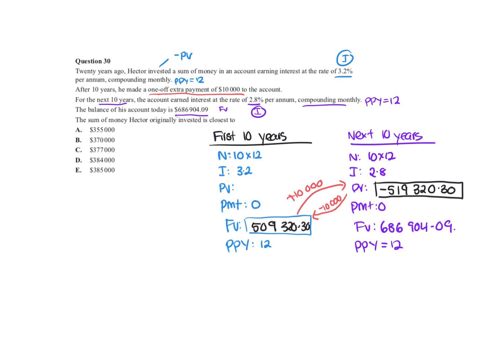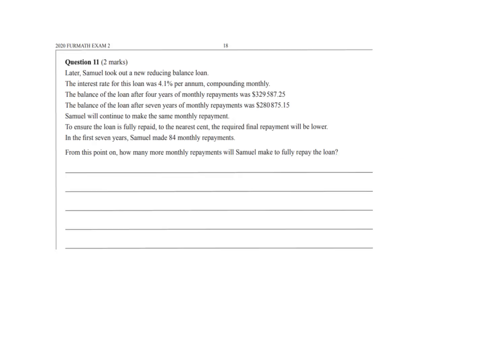Now I've got that, I can finally go backwards again, retype my finance solver, and I can work out what he originally invested, which ends up being 369,999.99 and so on. So it ends up being 370,000.